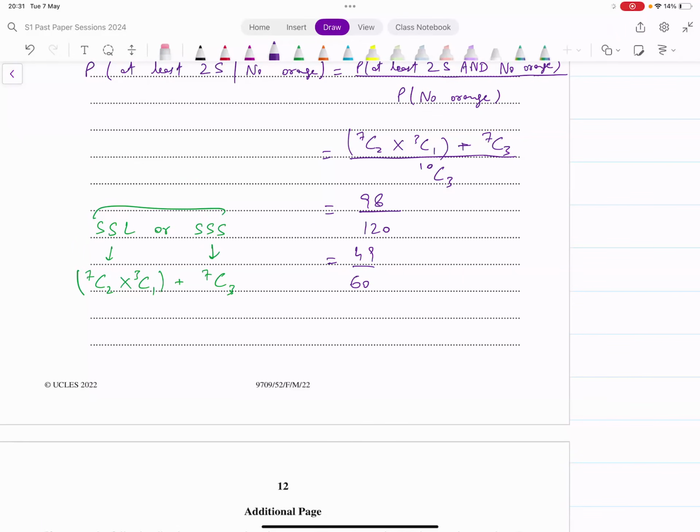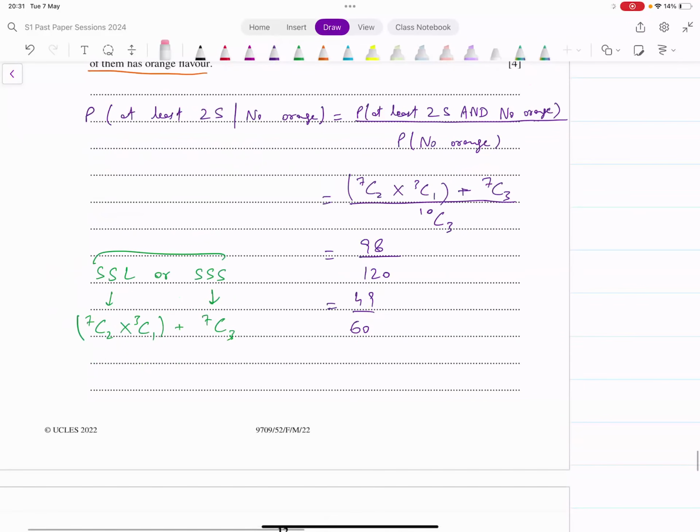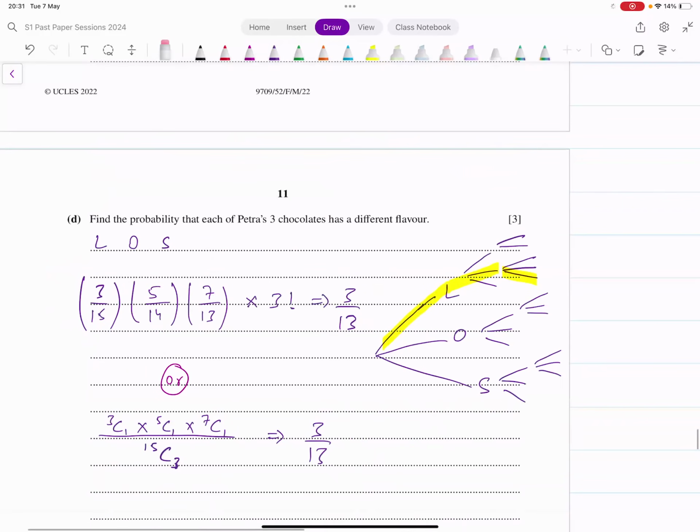Okay. In combination method, we don't have to worry about arrangements, right? We're just selecting them. Here as well, it's not the arrangements that we are considering, because the arrangements don't matter.